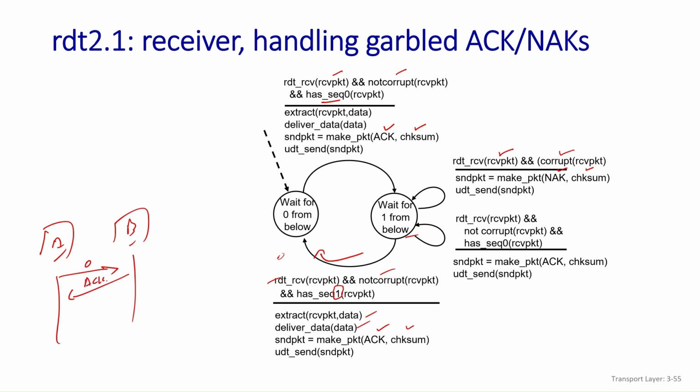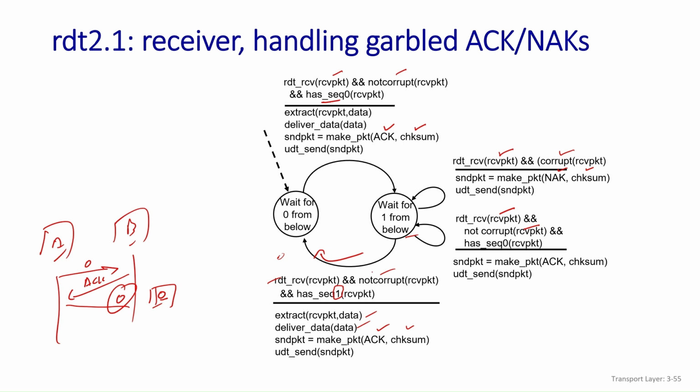Say the acknowledgement is garbled, and now it has already processed 0 and is expecting the next in the sequence, which is 1. Okay, but it receives 0, right? What will happen? So this is the state that we're talking about. This is the event, right? So now the packet is received, the packet is not corrupt, but it has what? Sequence number 0, a packet having sequence number 0 that has already been received correctly.